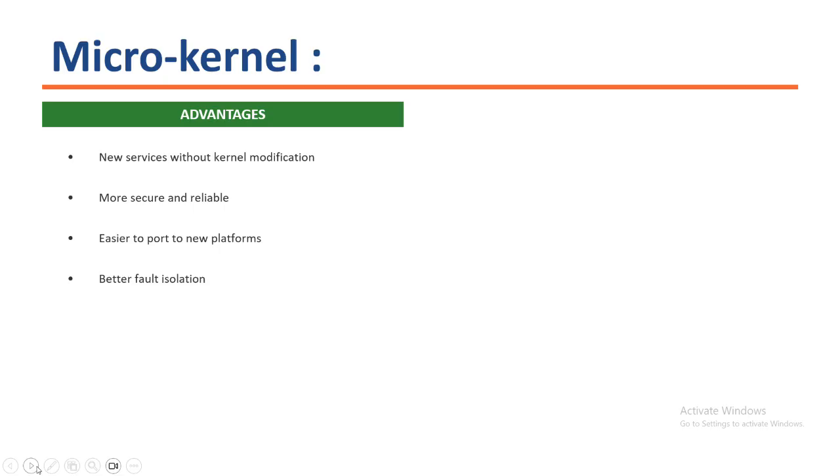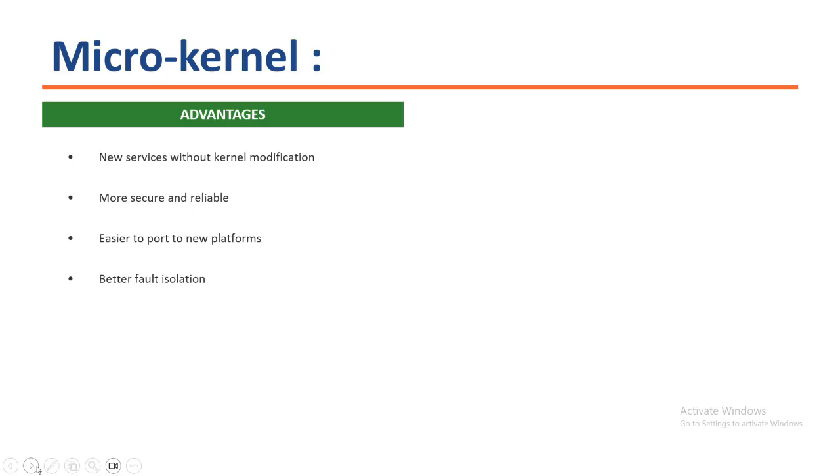Third one, easier to port to new platforms. Porting means adapting the OS to run on different hardware, like moving from one type of processor to another processor. Since the kernel is tiny, there is much less code that needs to be rewritten for the new hardware.